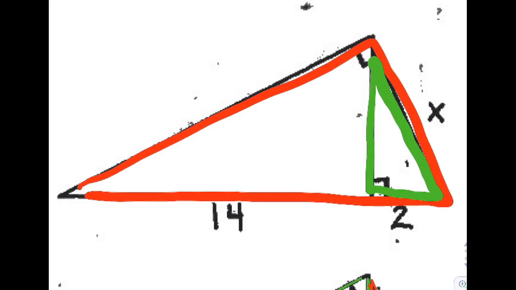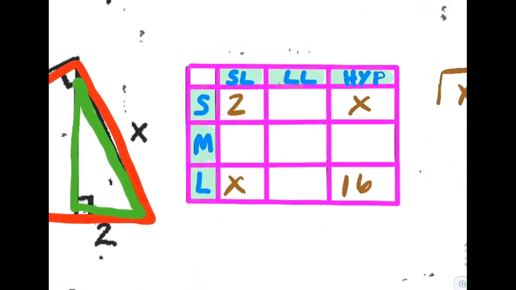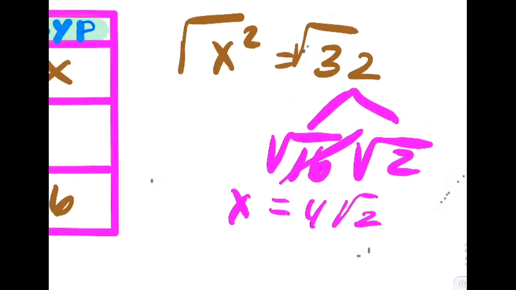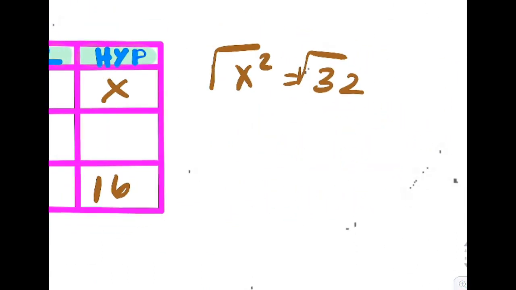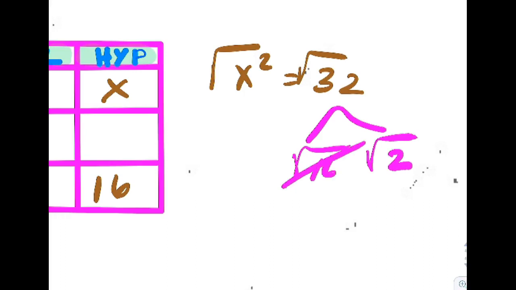And if you look at the large red one, the short leg is x and the hypotenuse is 16, because you add up the entire bottom. So that's where that comes from. So x squared is 32. You want the biggest perfect square that goes into 32. Nice job, 16 and 2. So the square root of 16 is 4, radical 2.